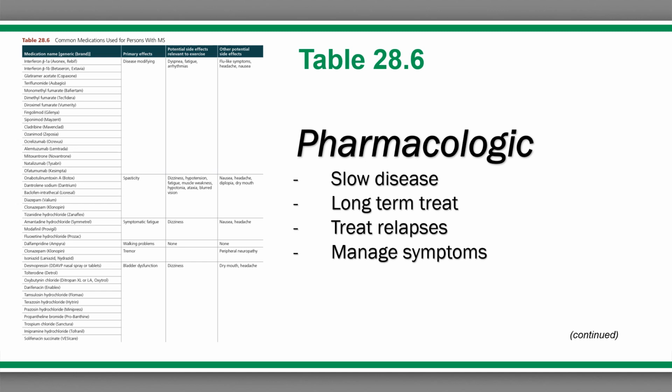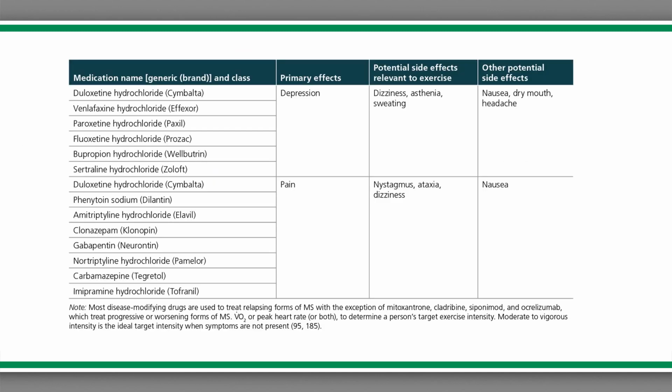Now, these are either injected, self-infused, or taken orally. Here's a list of medications that you have seen before, and you'll see some primary medications for depression and some for pain.